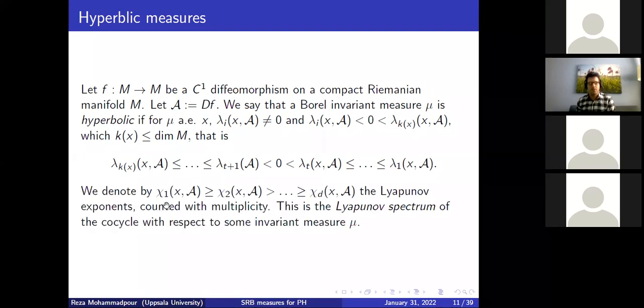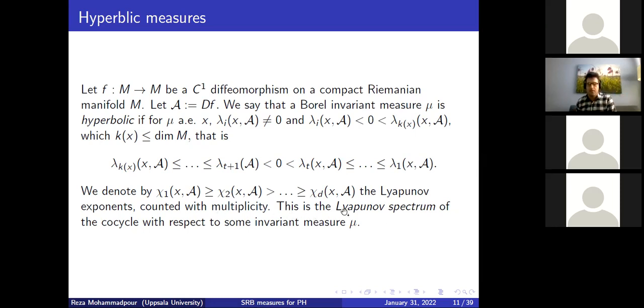Sometimes I use this notation for the Lyapunov exponent because, by Oseledets, you define a Lyapunov exponent corresponding to each Oseledets space. But here I consider all Lyapunov exponents counted with multiplicity. For instance, if your Oseledets space has dimension 2, you have two Lyapunov exponents that might be equal.